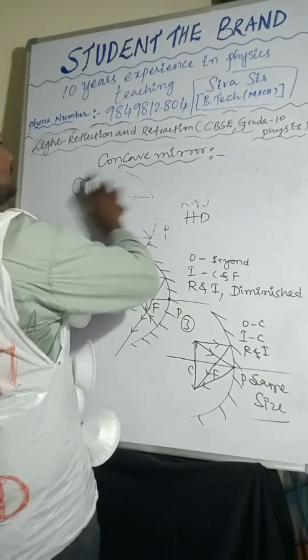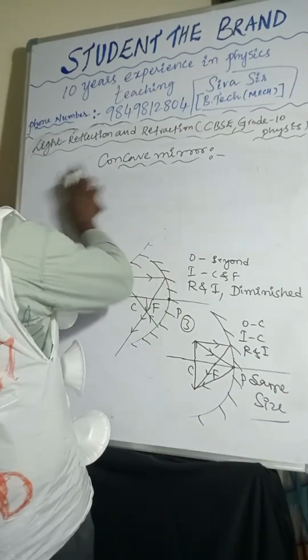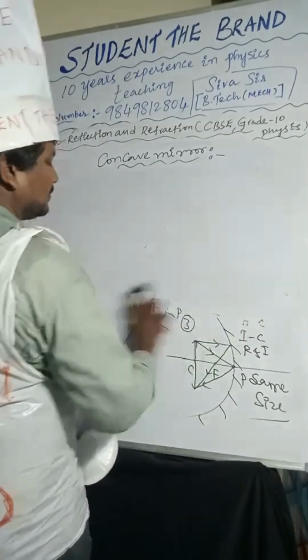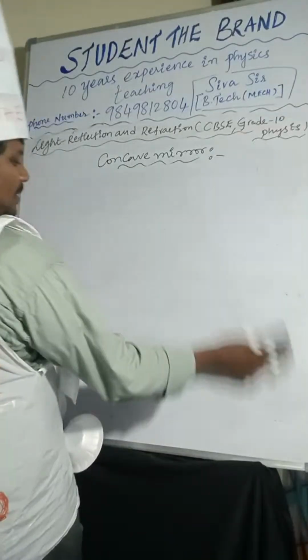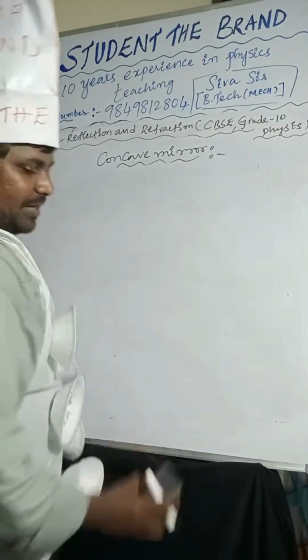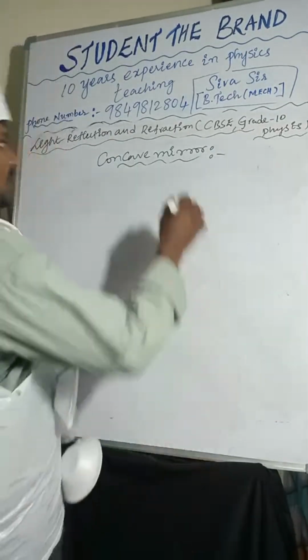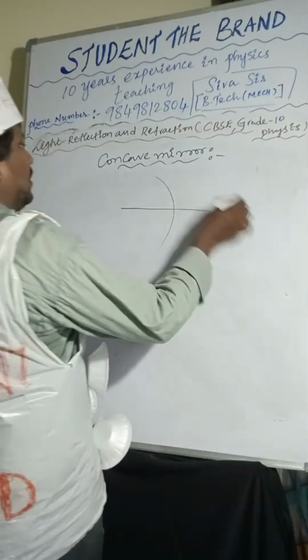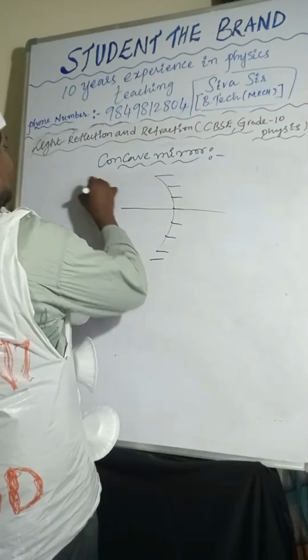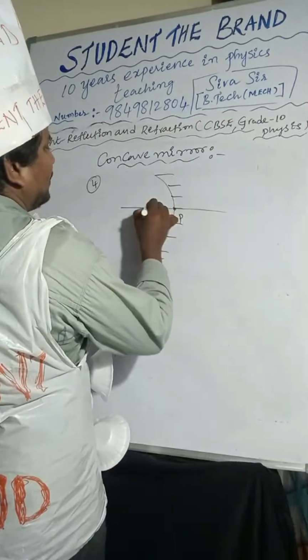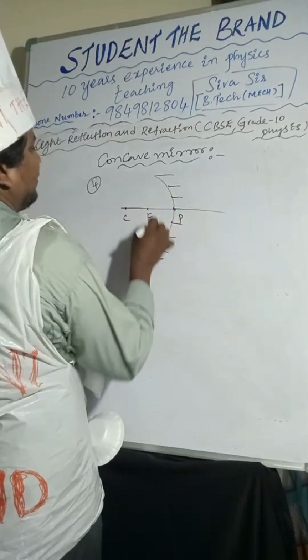Next one we are talking about, next image formation. If you are taking the concave mirror, the fourth one: this is the pole, focus, center of curvature.